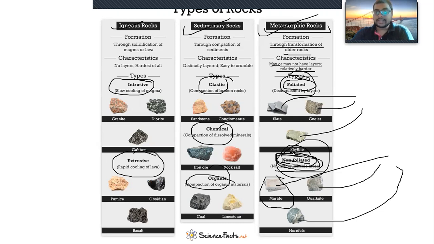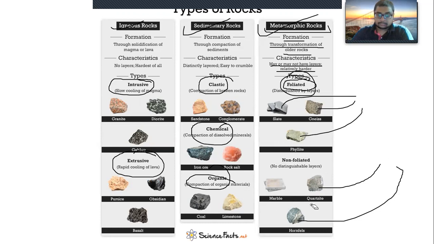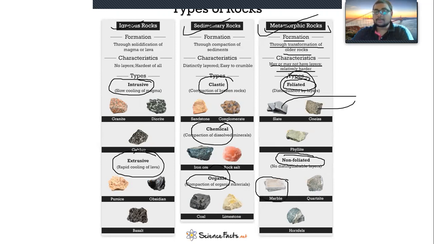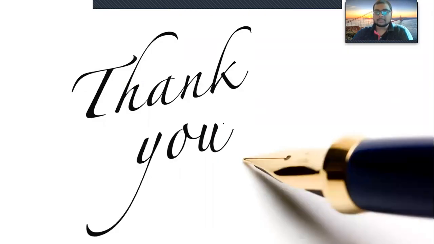Marble is non-foliated. I'll erase this line here so it will be easier for you to see. So you can see non-foliated. Marble is a type of non-foliated metamorphic rock. I hope you liked this session. Thank you.